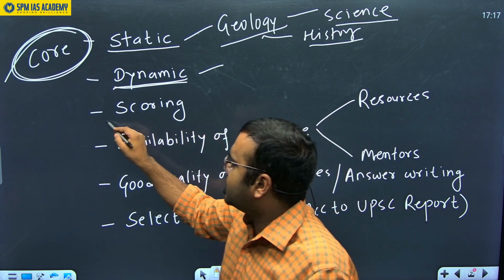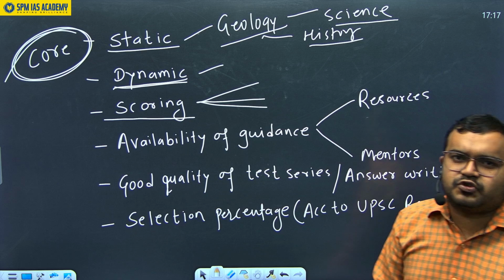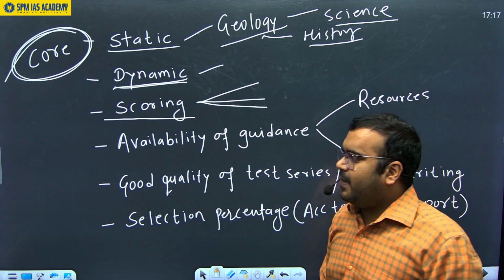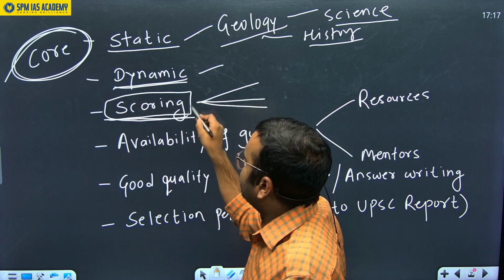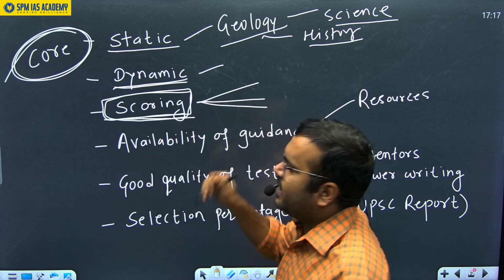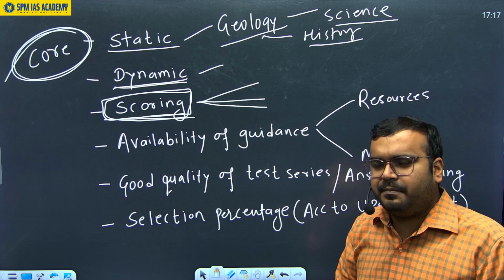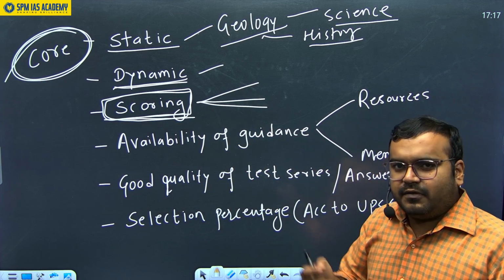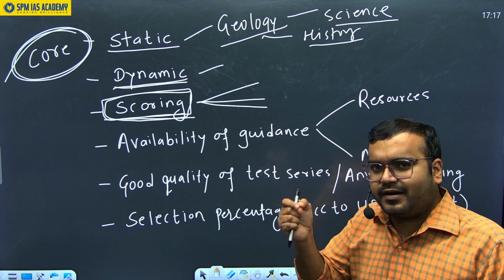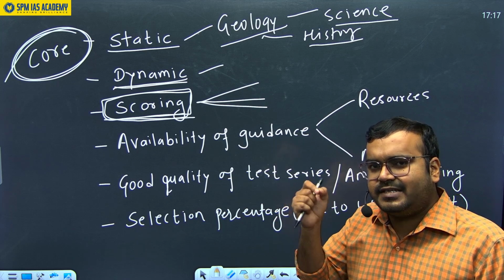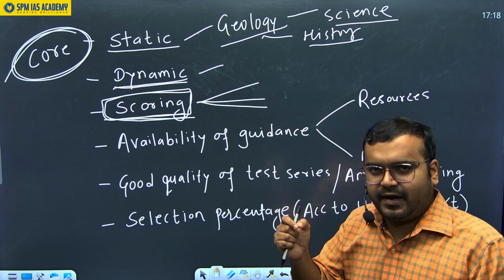Then comes another aspect: what exactly is the trend of scores in that particular optional, that means how well is that optional doing. We come to know about the scoring from the reports of UPSC, which we generally go and see. But the issue here is that whichever optional you choose, you have to have a very good understanding of it, and additionally you need a kind of specialization, right?